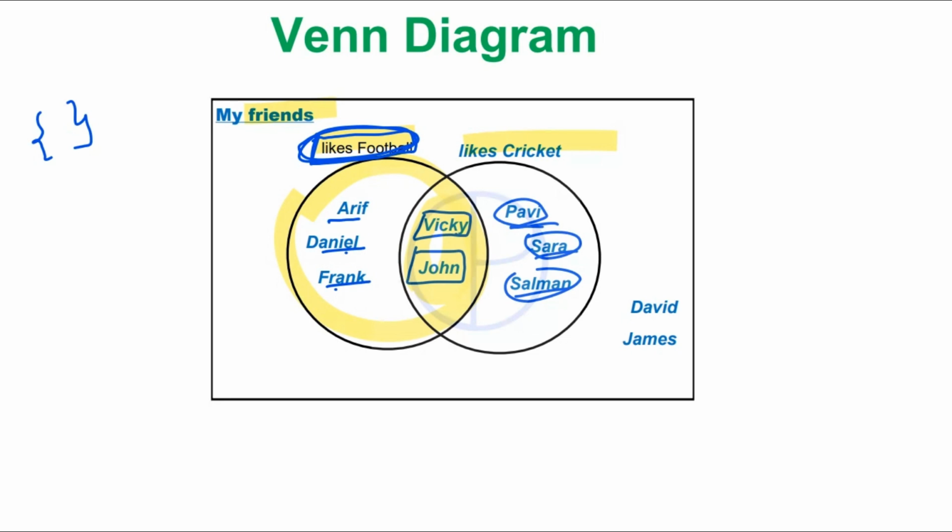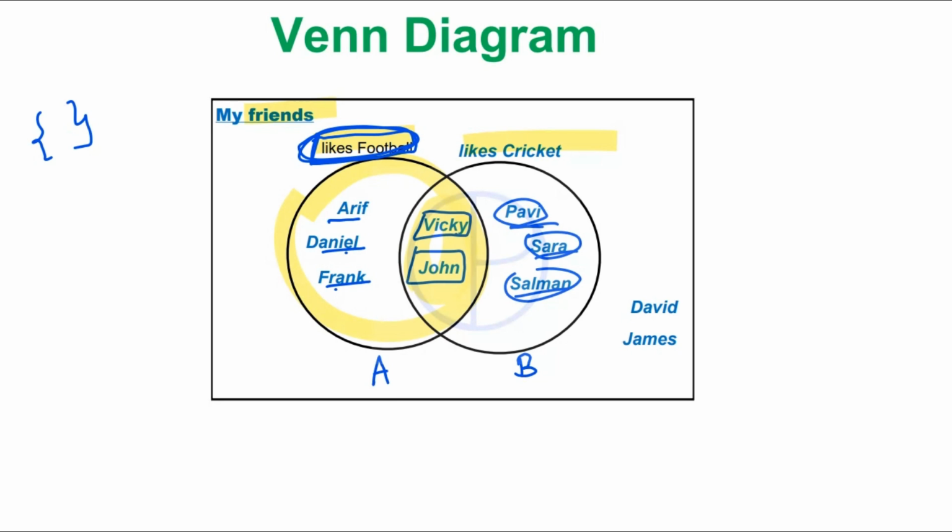Let's give these sets a different name. Let's call this set A and let's call this set B. Set A and set B is a little easier notation than likes football, likes cricket. We can give any set any name.